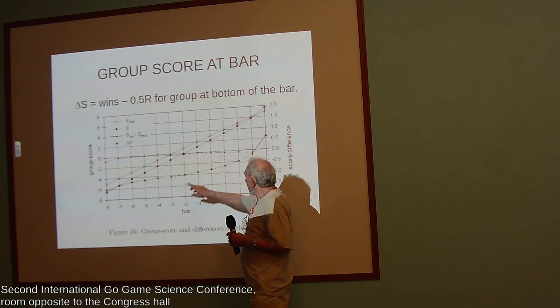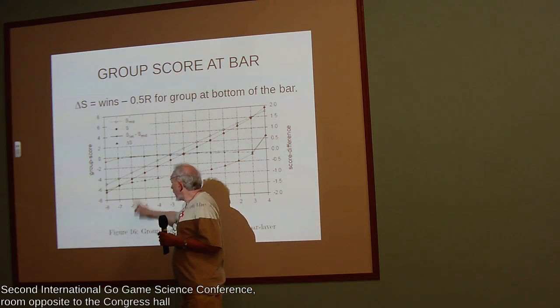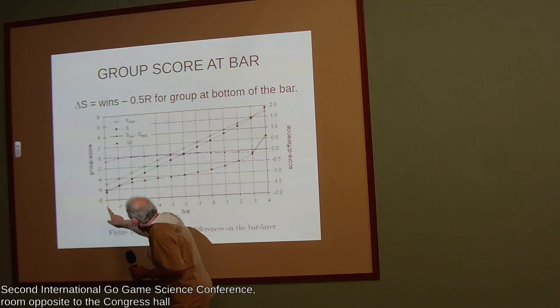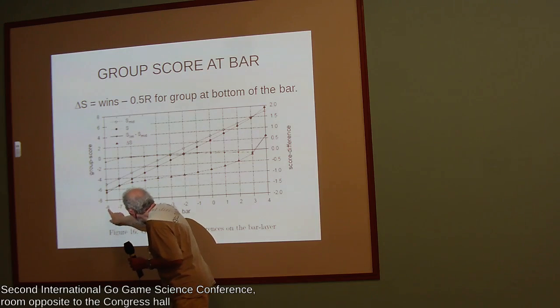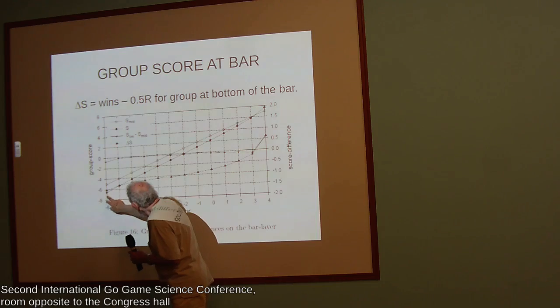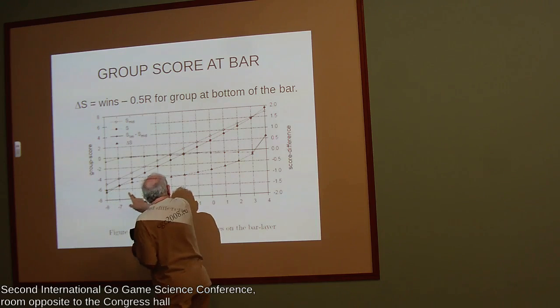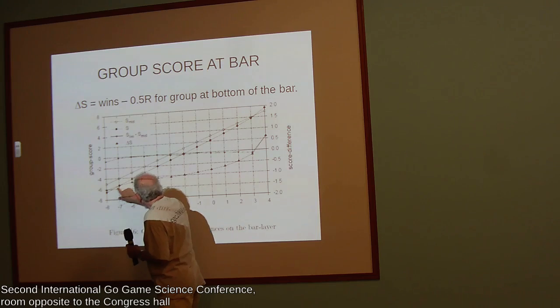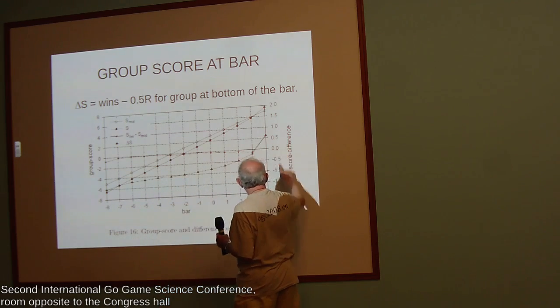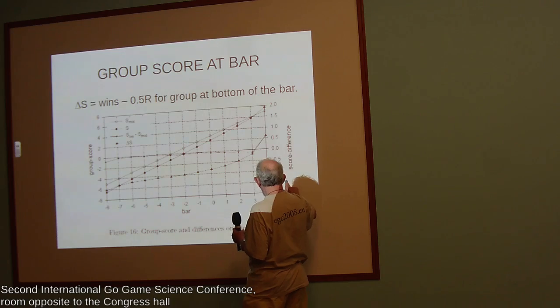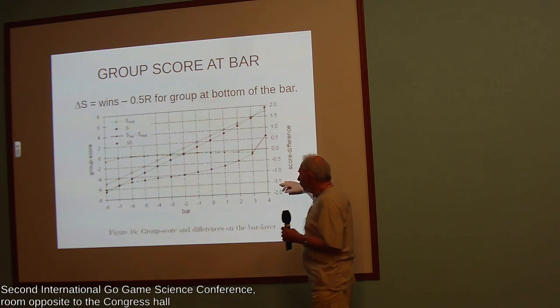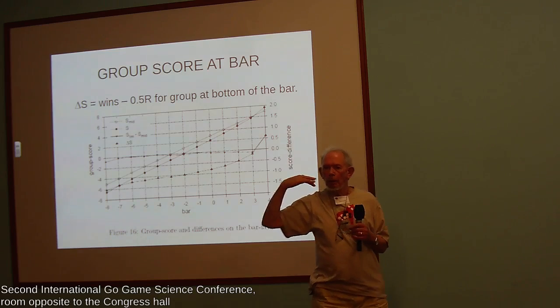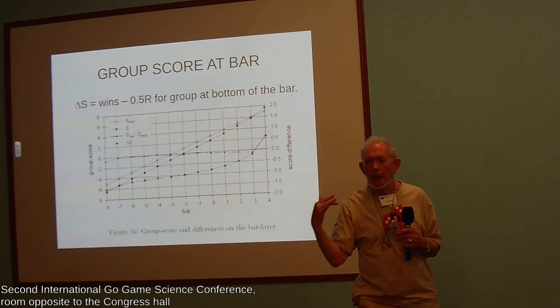Right. So we can see that for the players, if the bar is down here at -8, that's 8Q, then I'm 1.5 below winning half my games.